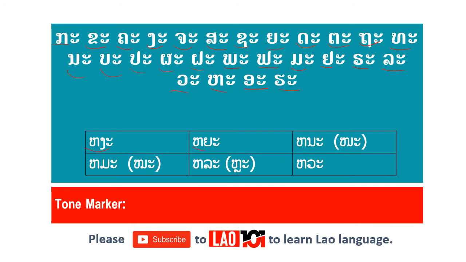Nga, Nya, Na, Ma, La, Va. So with this short sound, sometimes the tone marker does not go with it. So this is how you start pronouncing words in Lao with Sala'a.